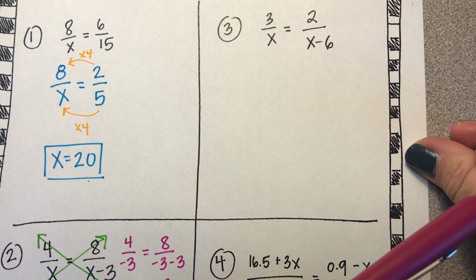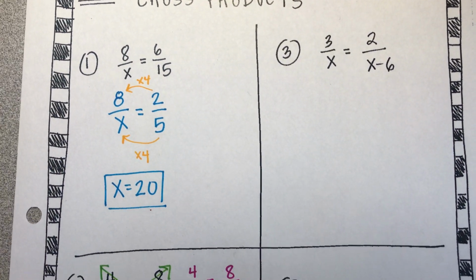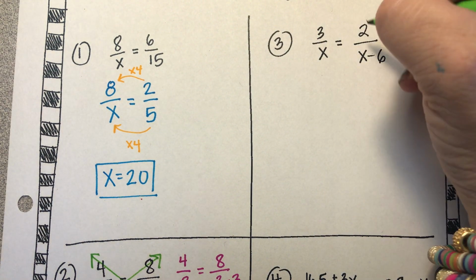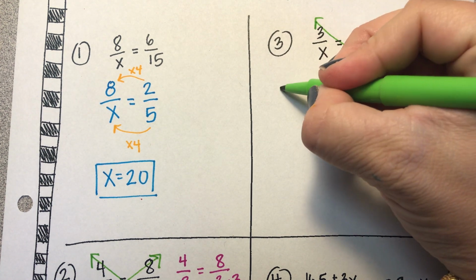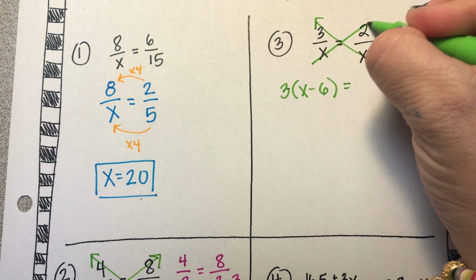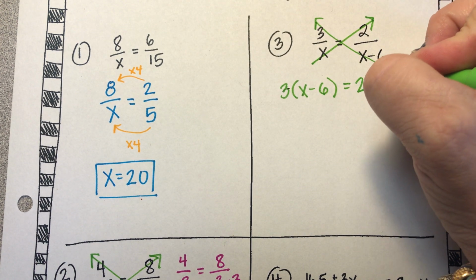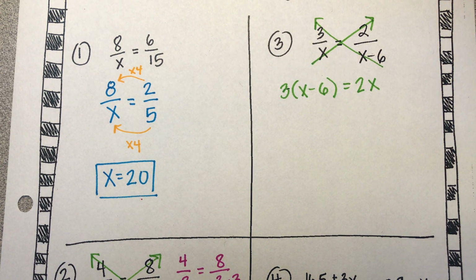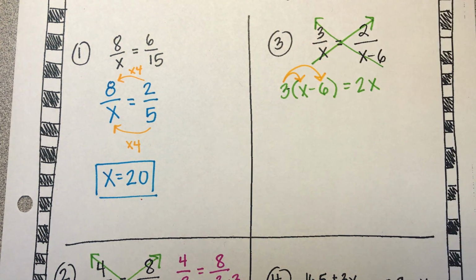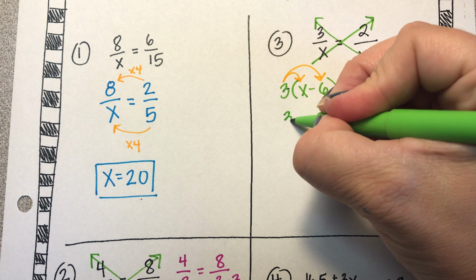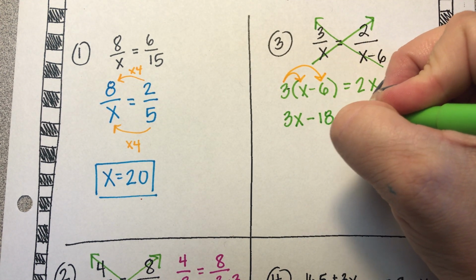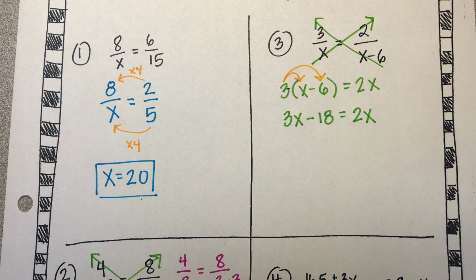Let's look at number 3. On number 3, same idea. I'm going to do my cross products. So 3 times x minus 6 equals x times 2, which is 2x. And I'm going to do my distributive property again. So 3 times x is 3x, minus 3 times 6 is 18, and that equals 2x.